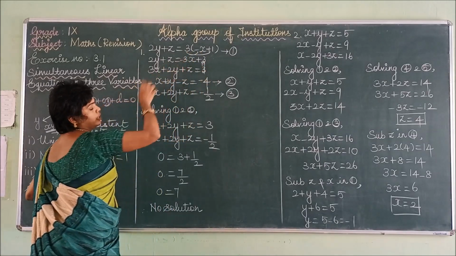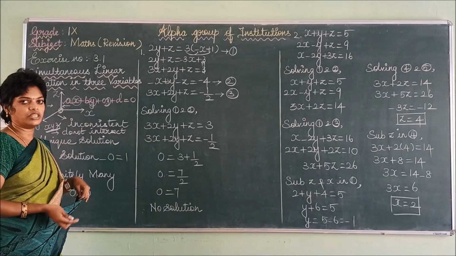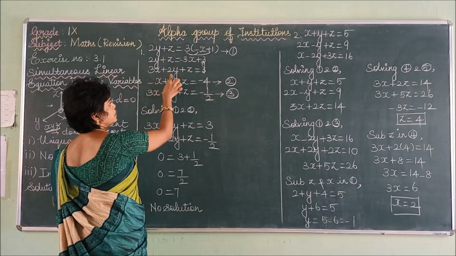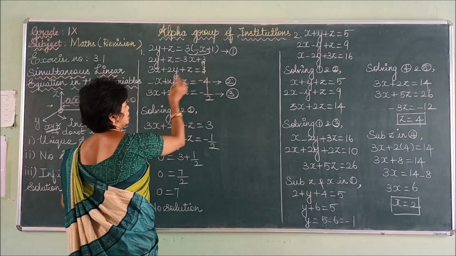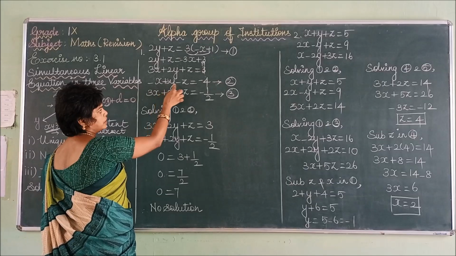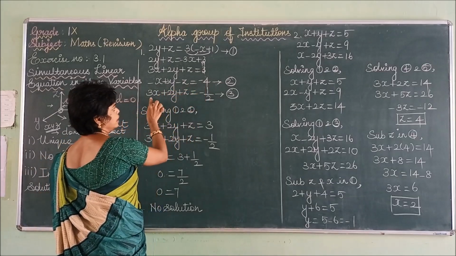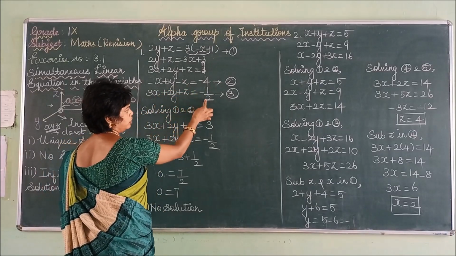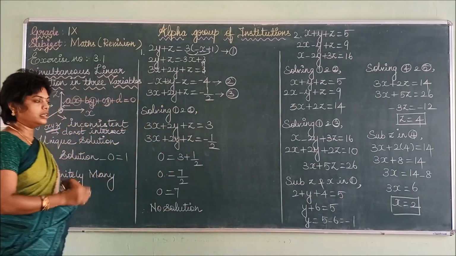Then take the negative x to the other side, it changes to positive: 3x + 2y + z = 3. The second equation is -x + 3y - z = -4, and the third equation is 3x + 2y + z = -1/2.